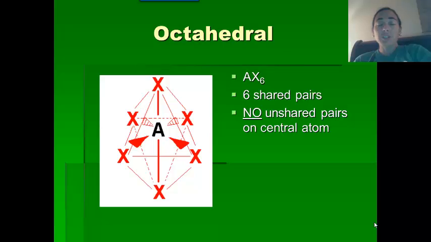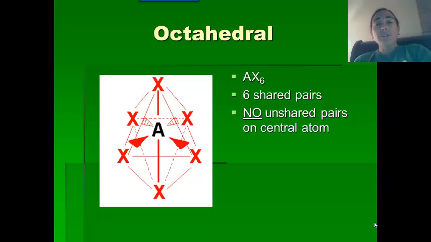There are no unshared pairs on the central atom. The way that this one is designed, the A in the center has 4 X's bonded to it with single bonds. 2 are going into the screen and 2 are coming out of the screen. So it's almost like they make a square shape. The 5th bond is straight up from the A, and the 6th bond is straight down from the A.